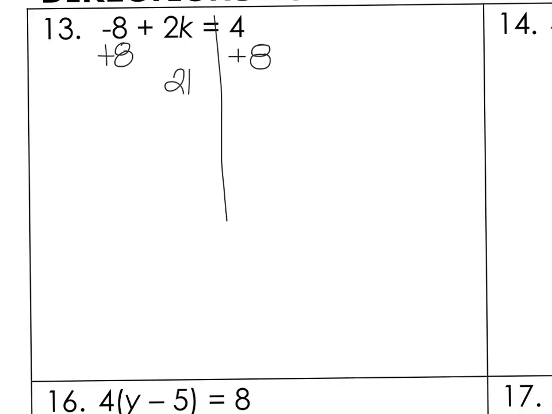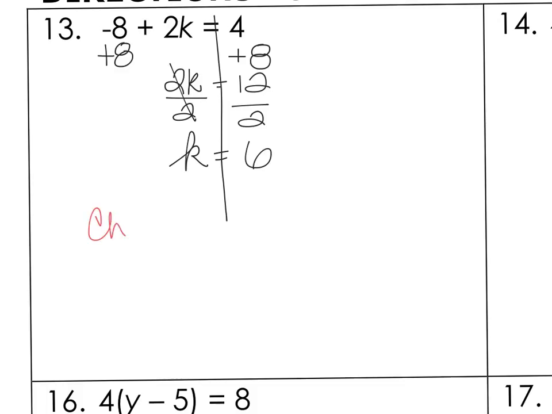So that remains 2k equals 12. The opposite of multiplication is division. So k equals 6. You are fully aware that if you do want to check your work, you can. You won't have a lot of time to take this test, so I would do this at the very end.